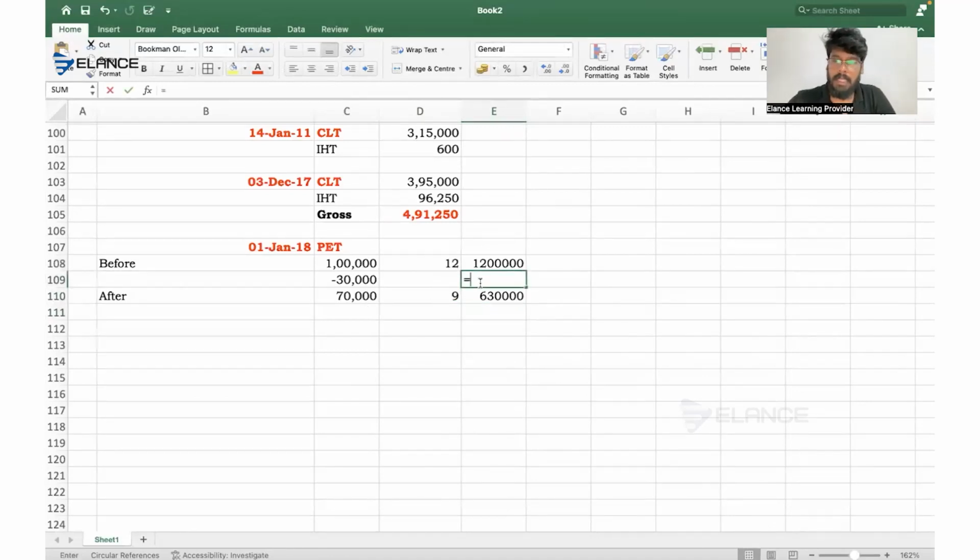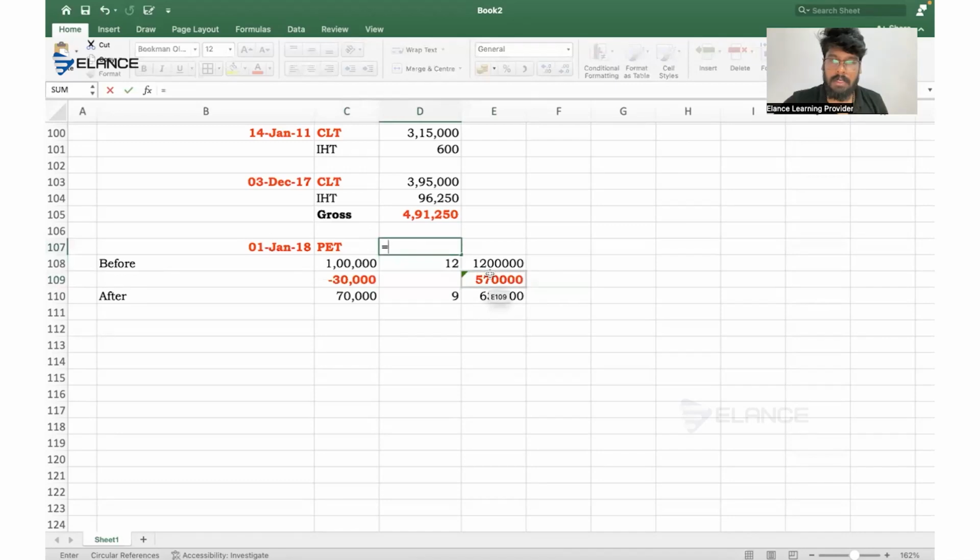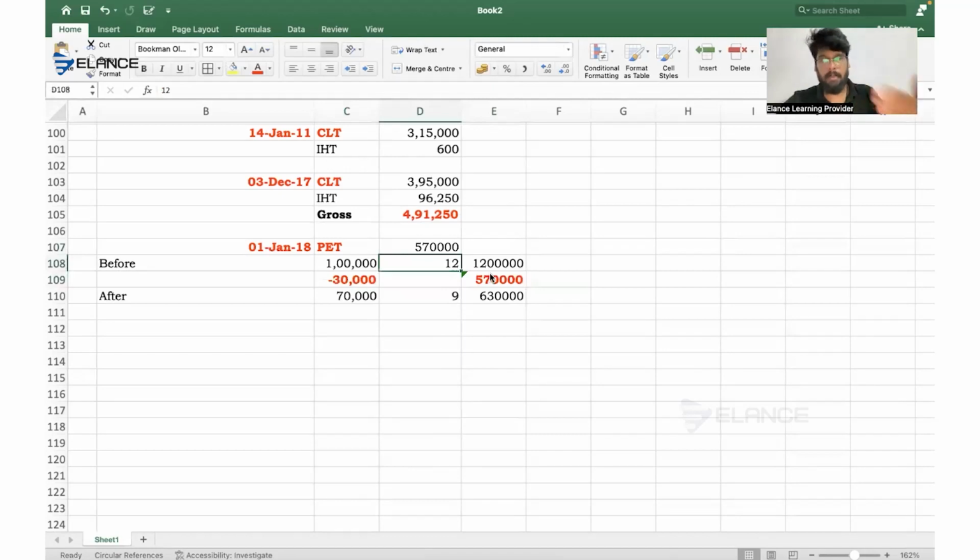The value transferred will be the difference of these two figures: 1.2 million minus 630,000. The value of the 30,000 transferred shares will be 570,000. So on 1st January 2018, he made a PET to his daughter, the chargeable amount of this transfer is 570,000, and it will be exempt at the time of transfer, because it is a lifetime individual to individual potentially exempt transfer. It will be completely exempt.